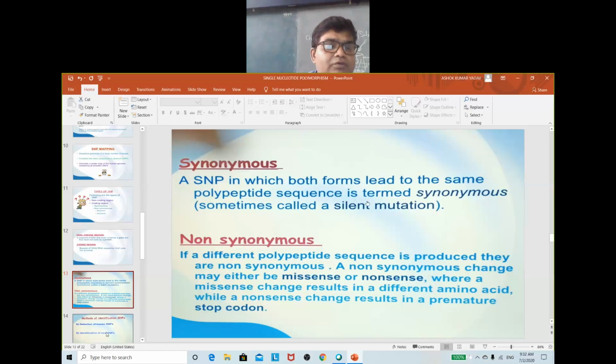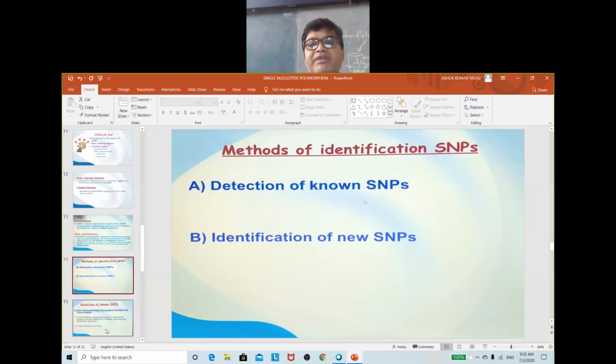Now come to the different methods of identification or detection of SNP. The first is that you can detect an SNP that is already present in an individual, in a particular organism. And the second point is that SNPs that are not yet known can also be detected through sequencing. So through genome sequencing we can detect the presence of SNPs that are already known and the SNPs that are not known till now. So there are two methods for identification of SNP with the help of sequencing.